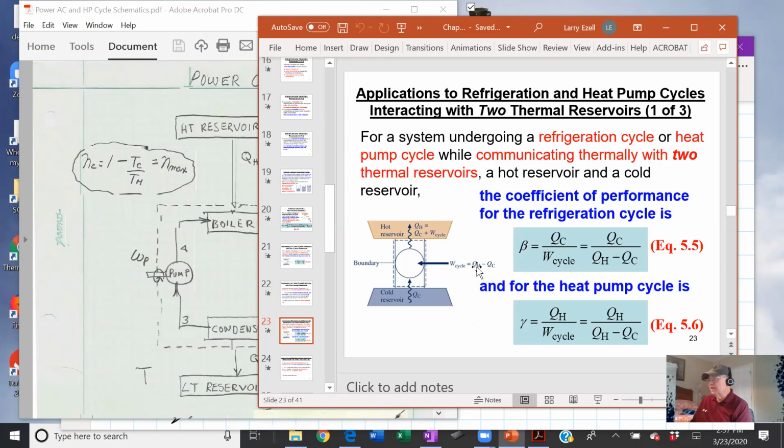Now, the work of the cycle, we know the work of the cycle is equal to the heat transfer of the cycle. So this cycle receives a QC and gives off a QH. So the net heat transfer is QH minus QC.